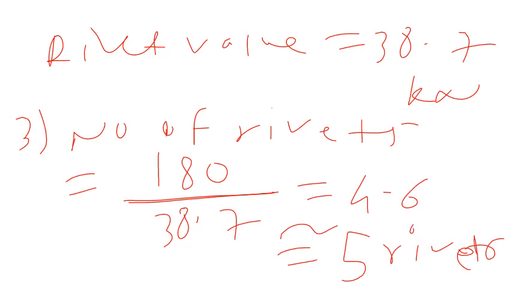So we require 5 rivets. So we have the size of the ISA members, we have the size of the rivets, and then we have the number of rivets.